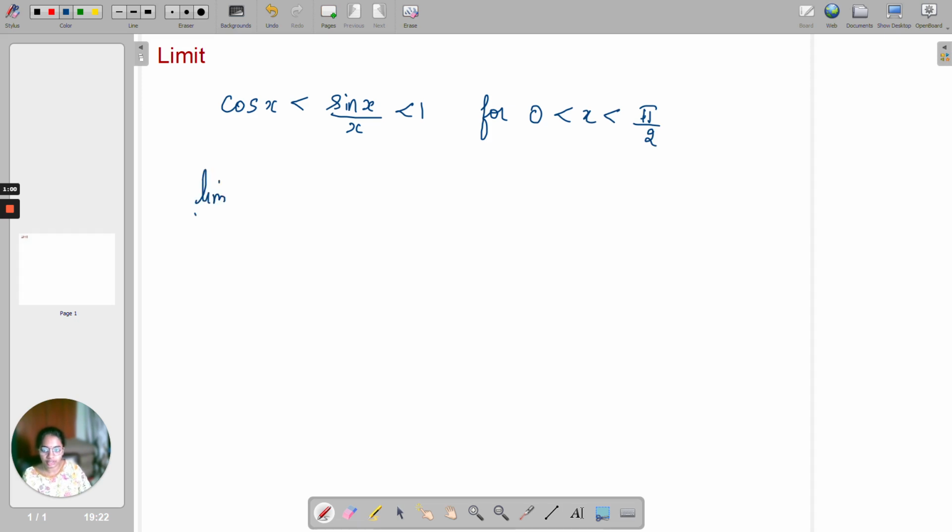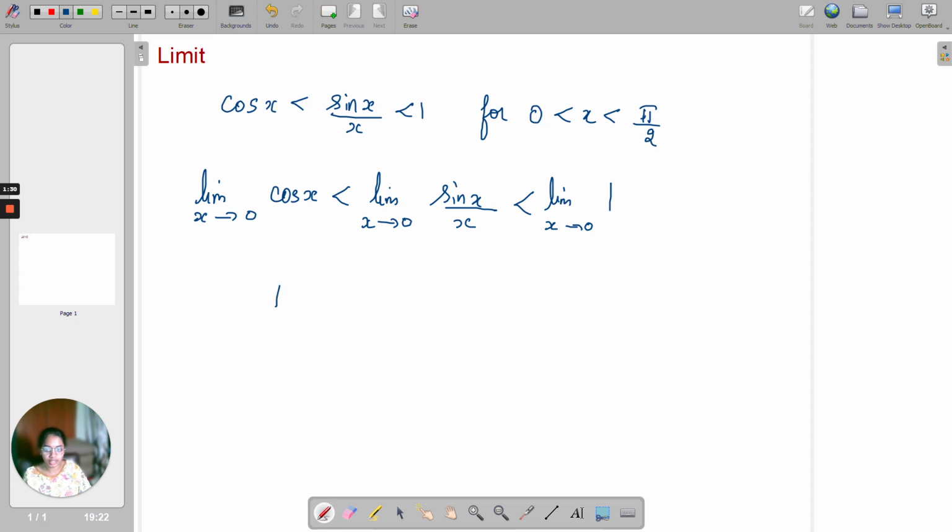Limit x tending to 0 cos x is less than limit x tending to 0 sin x divided by x, which is less than limit x tending to 0 of 1.